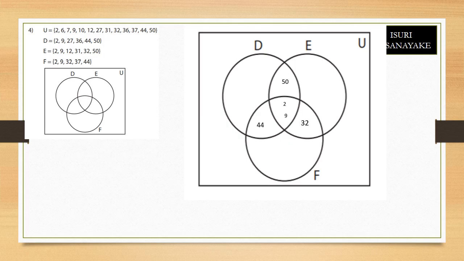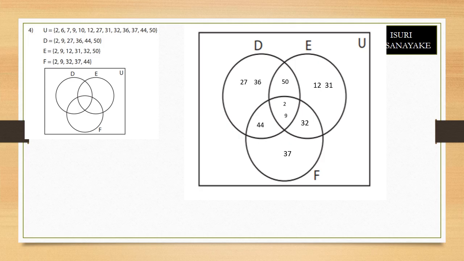So if you could check with the set D, we have already input 2, 9, 44 and 50, but 36 is D only, also 27. So 27 and 36, it's D only. And we have 12 and 31, that is E only. Finally, we have 37 for F only.